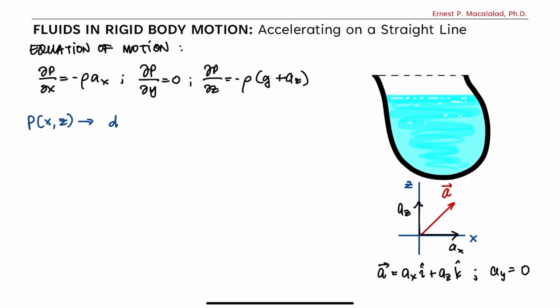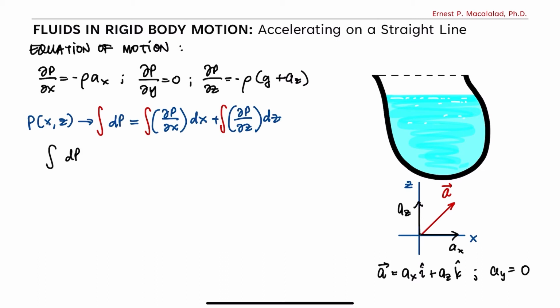Therefore, the total differential of p is given by the partial derivative of p with respect to x times dx plus the partial derivative of p with respect to z times dz. If we integrate, this becomes the integral of dp from p1 to p2 equals the integral of negative rho ax dx from x1 to x2 plus the integral of negative rho times g plus az dz from z1 to z2.